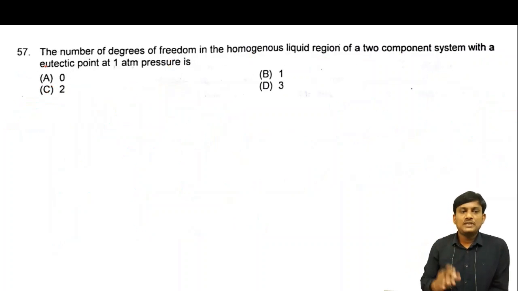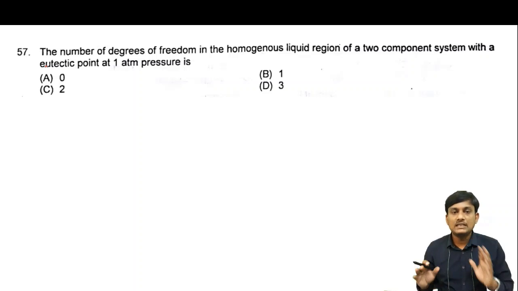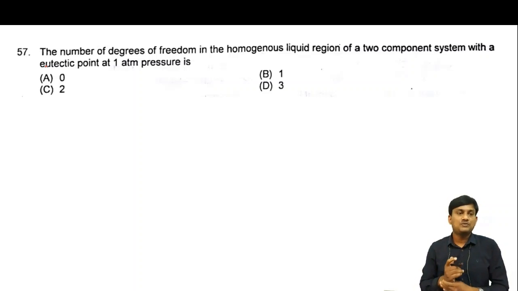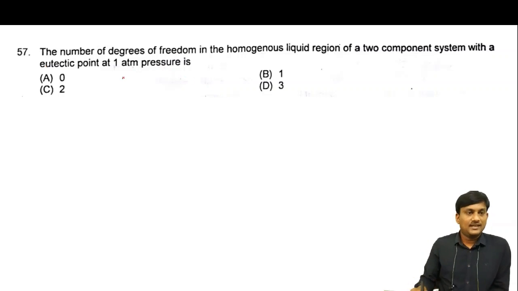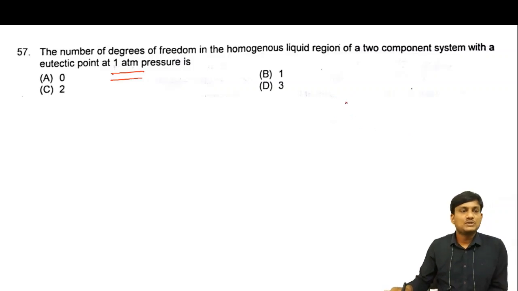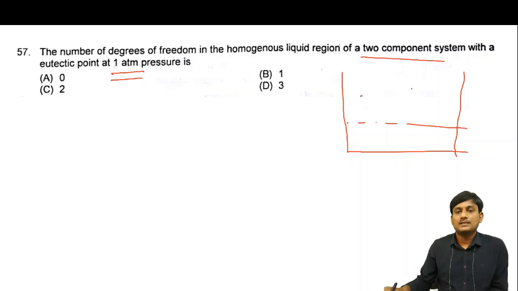The number of degrees of freedom in the homogeneous liquid region of a two-component system with a eutectic point at 1 atmospheric pressure is? Suppose if you take a two-component eutectic system, the diagram will be like this.